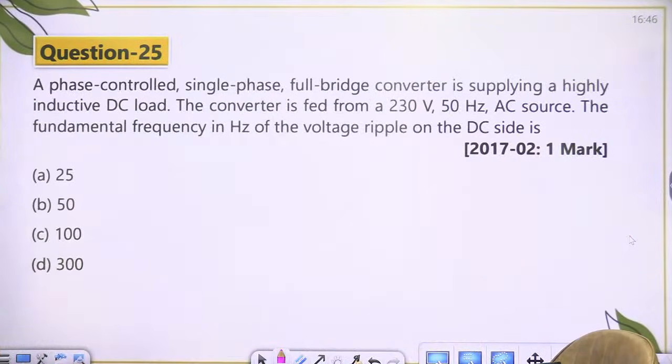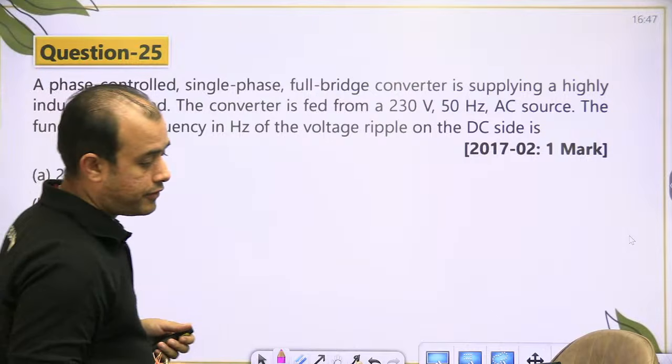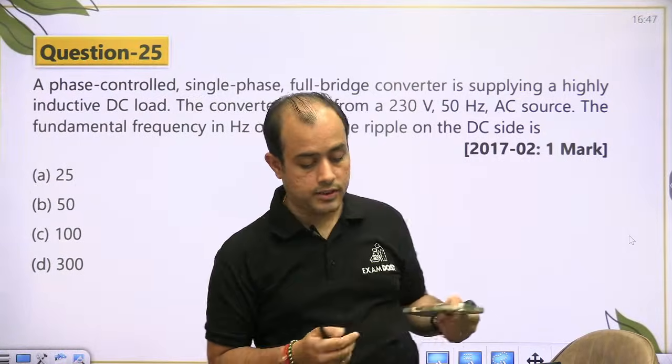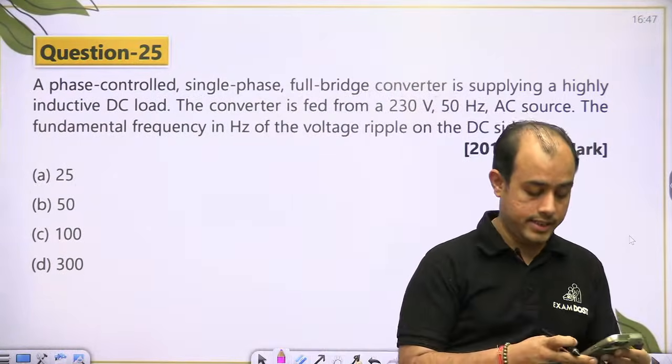Very good. A phase controlled single phase full bridge converter is supplying a highly inductive DC load. It is fed from 230 volt 50 Hz AC. Fundamental frequency in Hertz for the voltage ripple on the DC side.